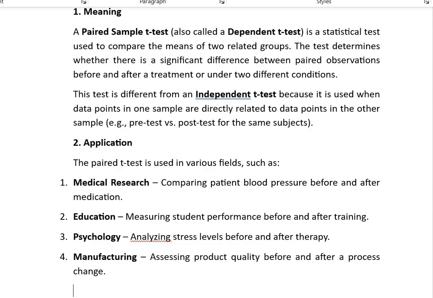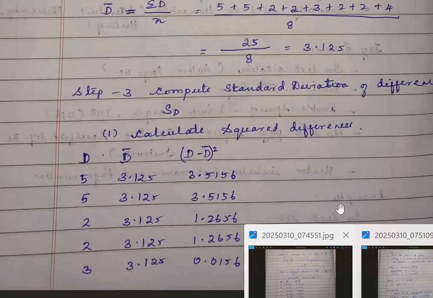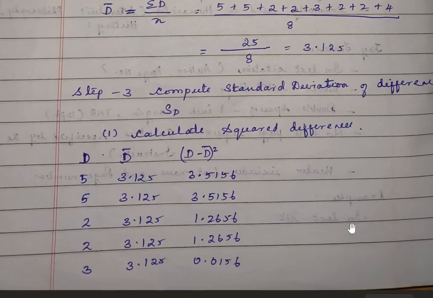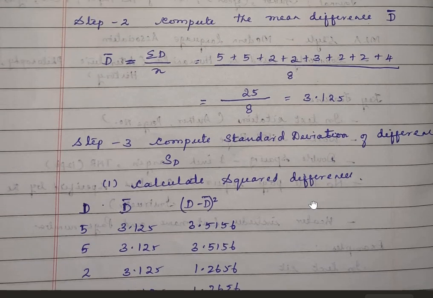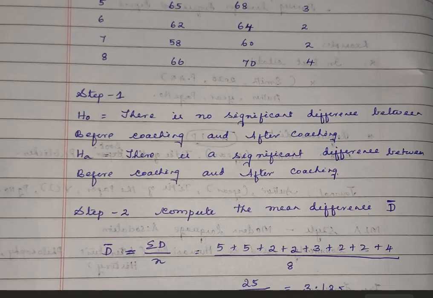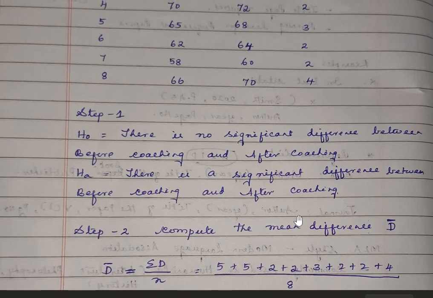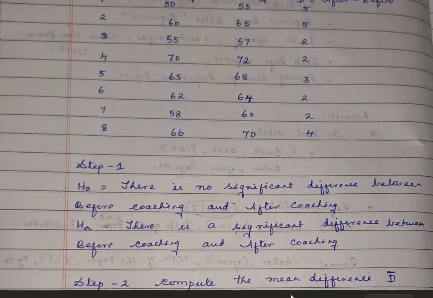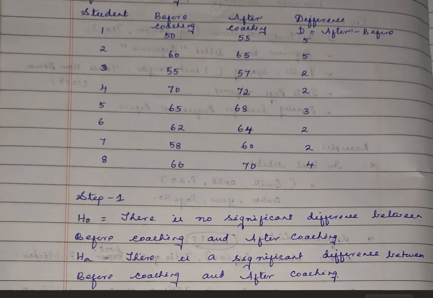With the help of this, we are going to discuss a problem: how to calculate the paired sample t-test. The formula is t equal to average of capital D divided by standard deviation divided by root of n.